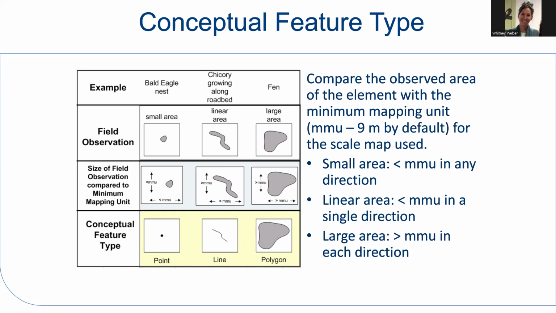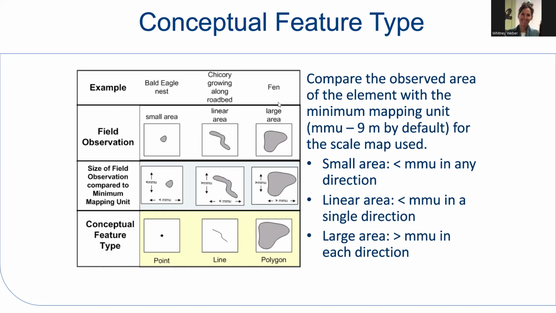So a good example of this is chicory growing along a roadbed. Chicory grows in disturbed areas, and so you'll often see it growing along a roadbed. And so that is a good example of a linear area. So the conceptual feature type for that is a line.